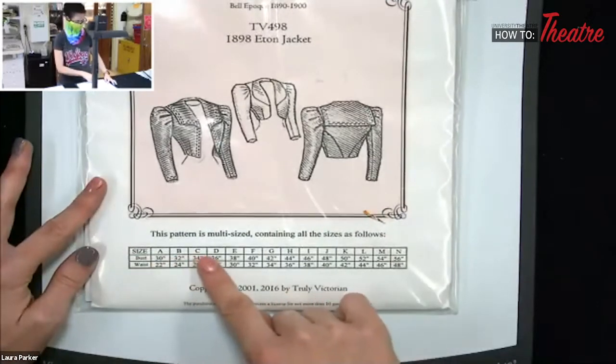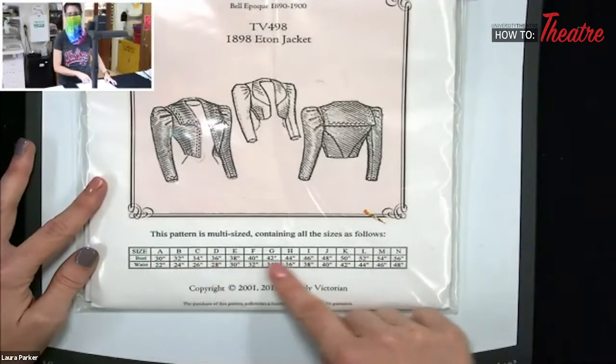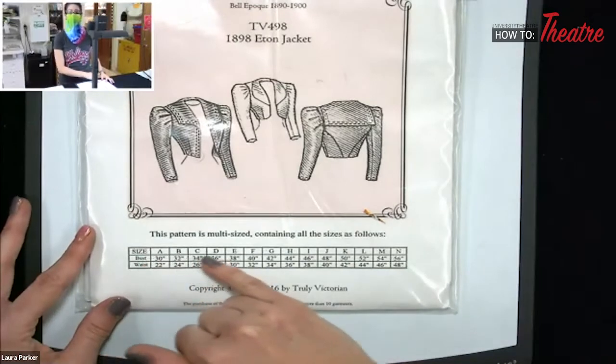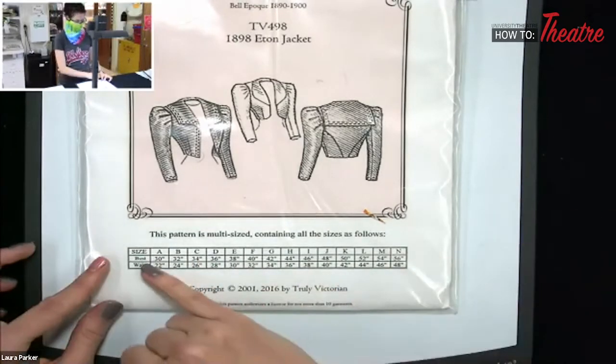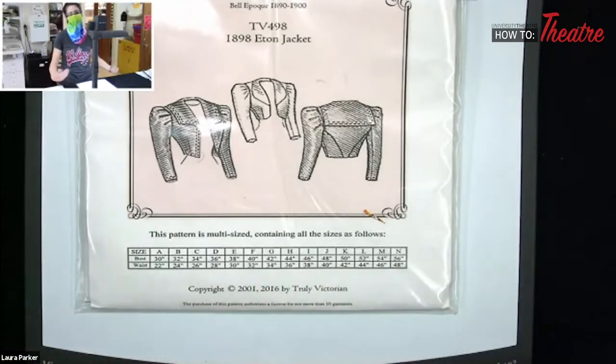So they don't give like a number size. They're not sizing this 6, 8, 10, 12, 14, whatever. They're not giving us those numbers. They're giving us letters that they have ascribed to these body measurements. And that takes away a lot of the stigma, or the uncomfortableness that may come with the idea that you think that you're a certain size or somebody thinks they're a certain size, and it doesn't match up to the measurements, because every pattern company is different.